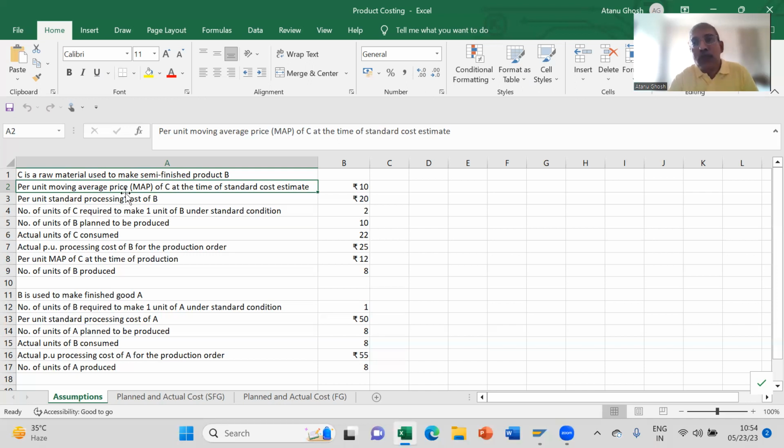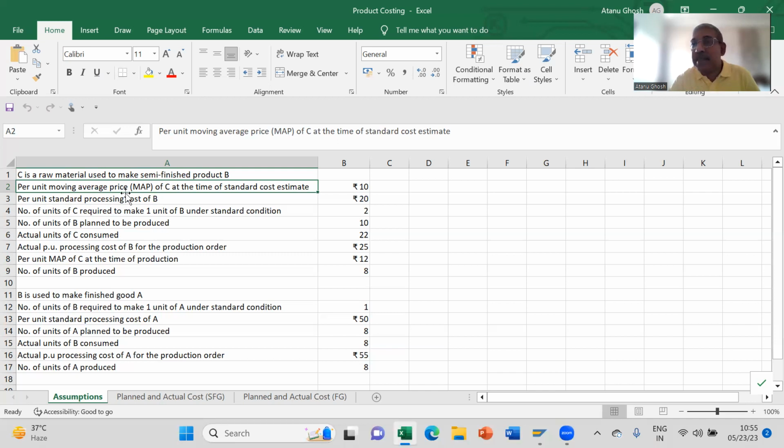So what organizations do is calculate a standard cost at periodic intervals. Usually it is one financial year. So at the beginning of the financial year, every organization will fix the standard cost of a particular material, in this case semi-finished goods or finished goods, and measure the actual cost against the standard that has been fixed at the beginning of the financial year.